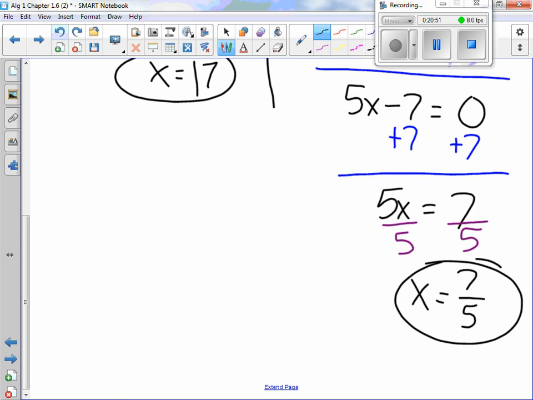Get variables on one side and everything else on the other.